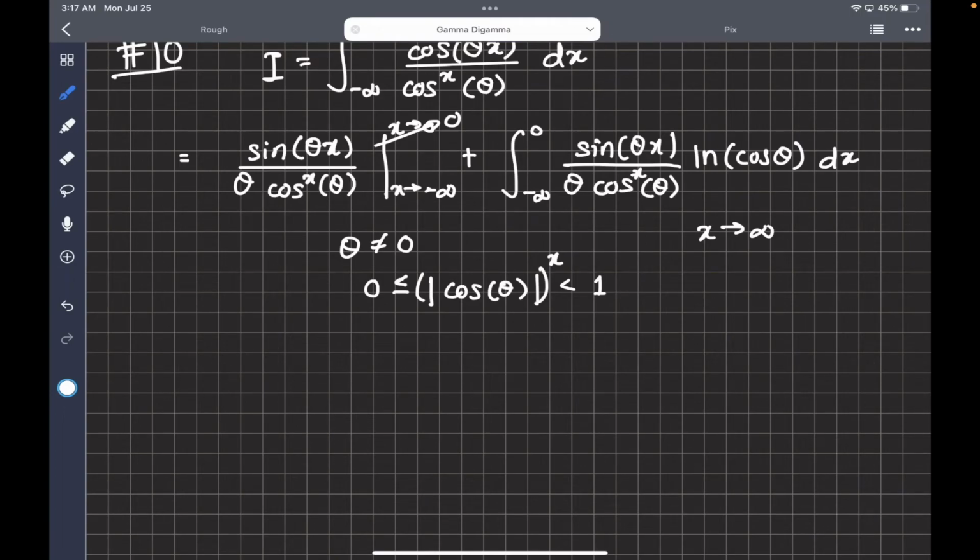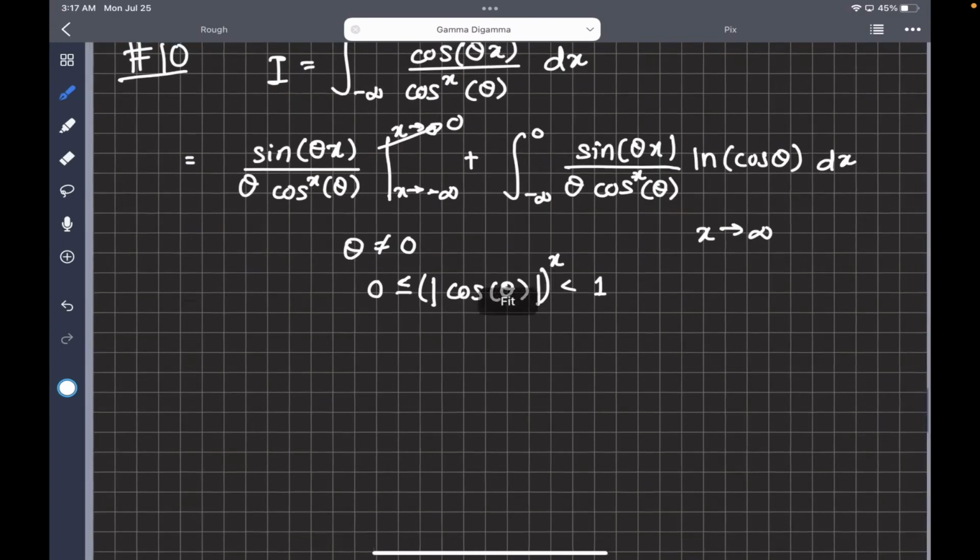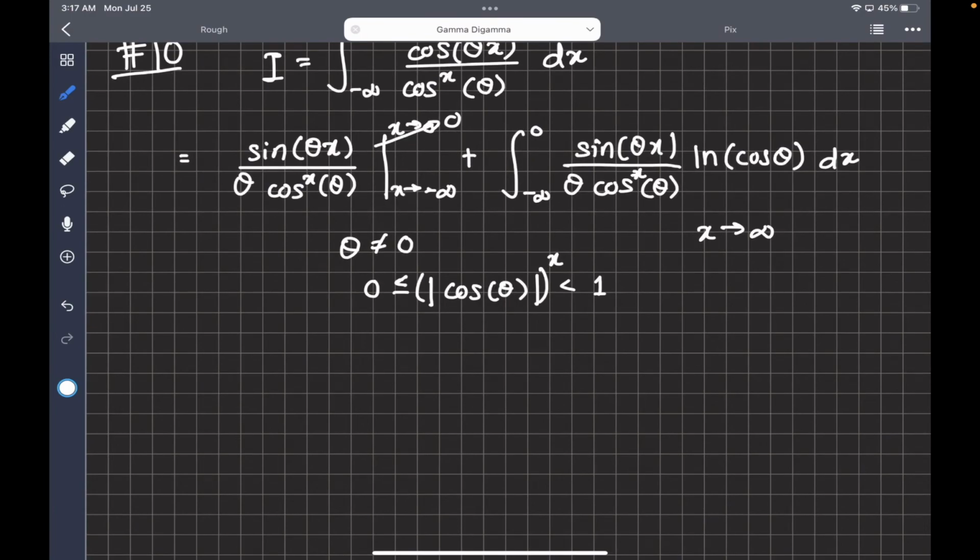Because you can represent any number between 0 and 1, you can approximate it. I mean, these are going to be irrational, but you can always approximate it by some rational that looks like m over n, or rather just 1 over n, because it's between 0 and 1.